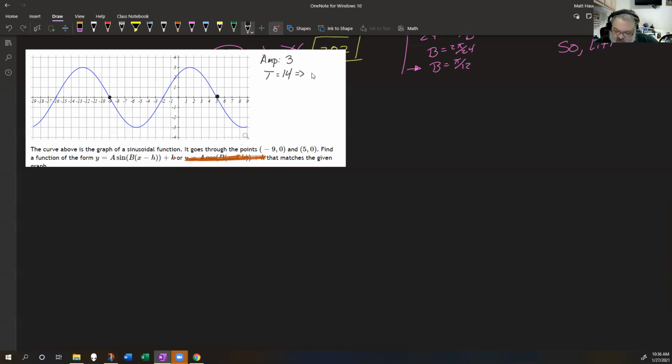Which implies we have a B value of, what does that make our B? 5/7. Over 7.